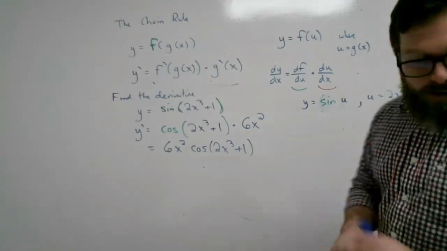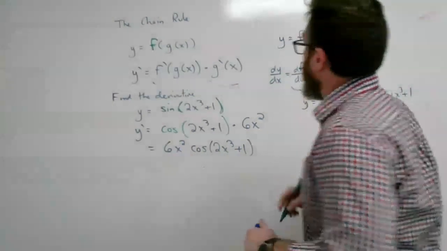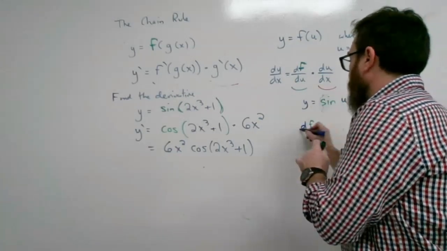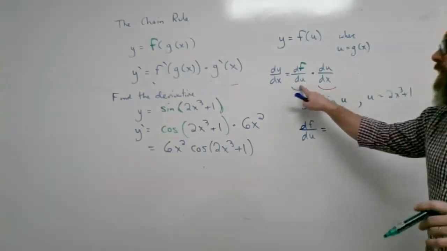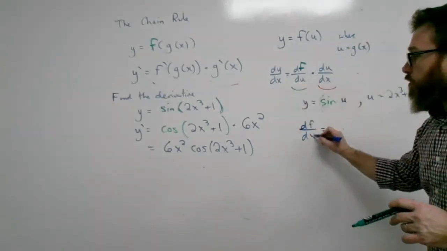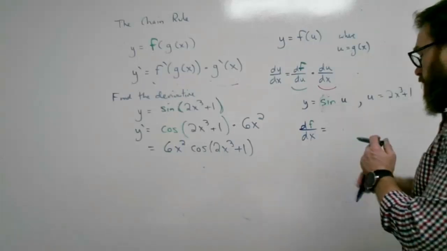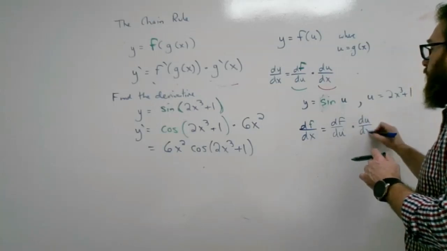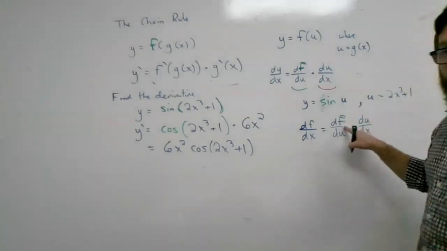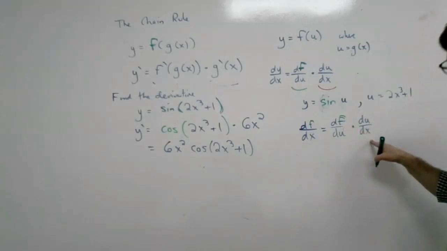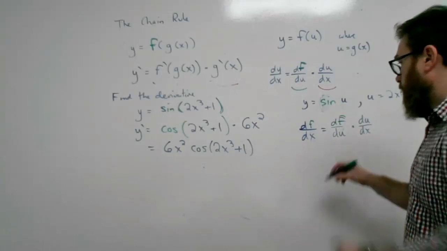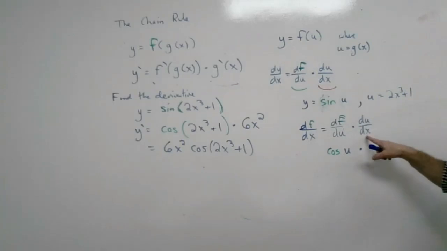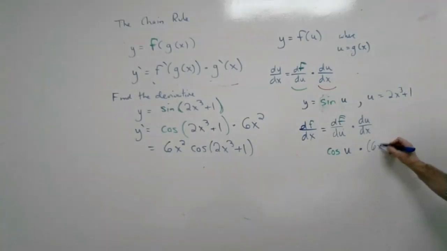So when I want to find dy dx, it's going to be equal to df du multiplied by du dx. So we have to take the derivative of f first and multiply by the derivative of u next. So the derivative of the sine of u is going to be equal to the cosine of u multiplied by du dx, which is going to be our 6x squared.